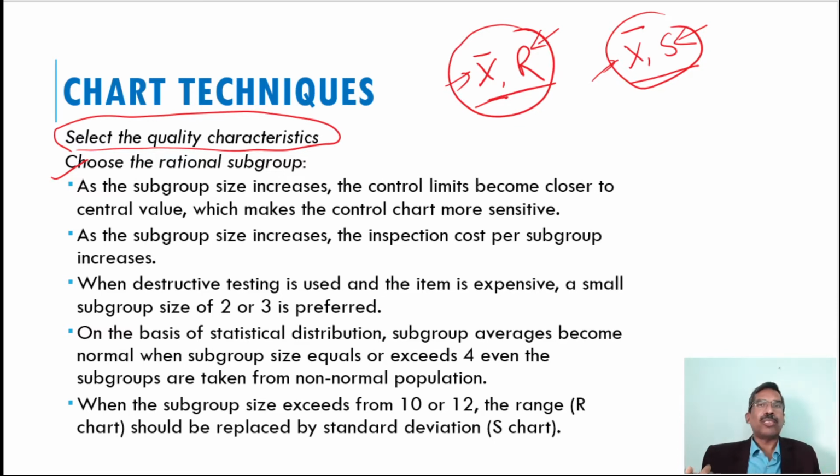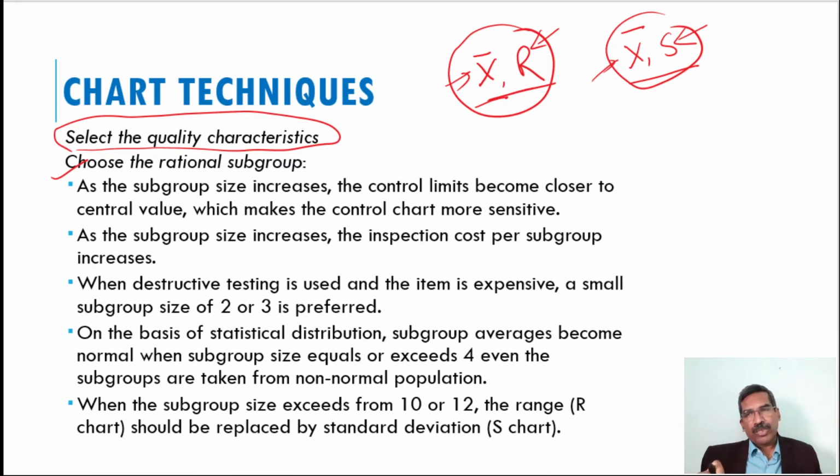Then what should be the optimal size of the subgroup? Now it also depends on the type of the test or the inspection. If destructive testing is to be used, then in that situation we try to minimize the subgroup size. We keep 2 or 3 in one subgroup only, so that we can minimize the number of destruction.